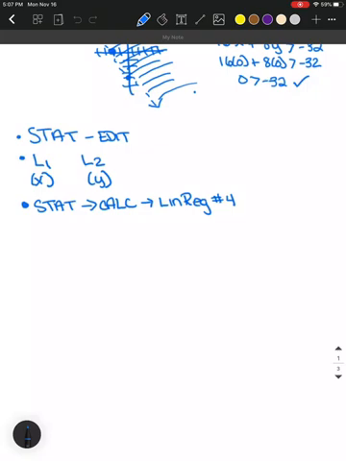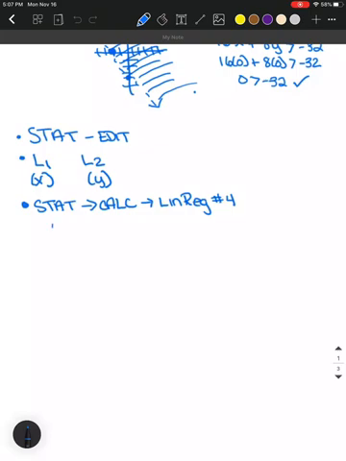And then in L2, I have 44, 47, 56, 63, 71, 78, 81, 80, 75, 64, 55, and 47. Then I'm going to hit Stat, move over to Calc, and option 4.